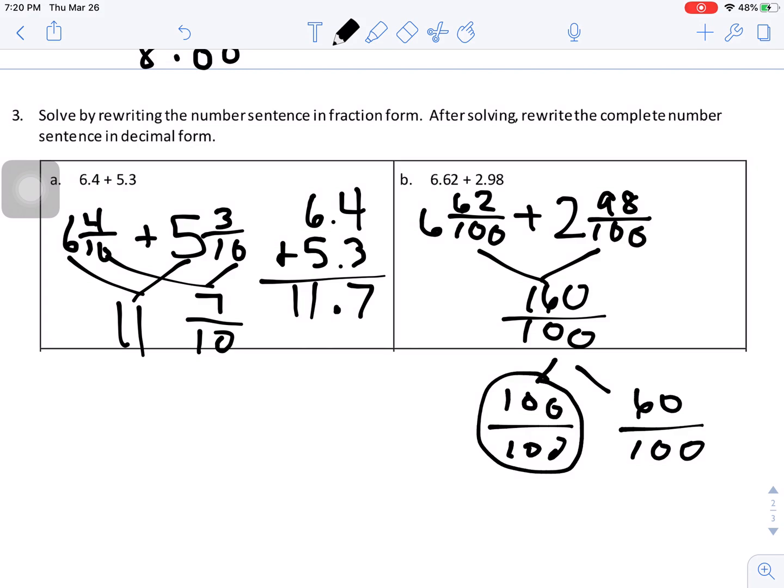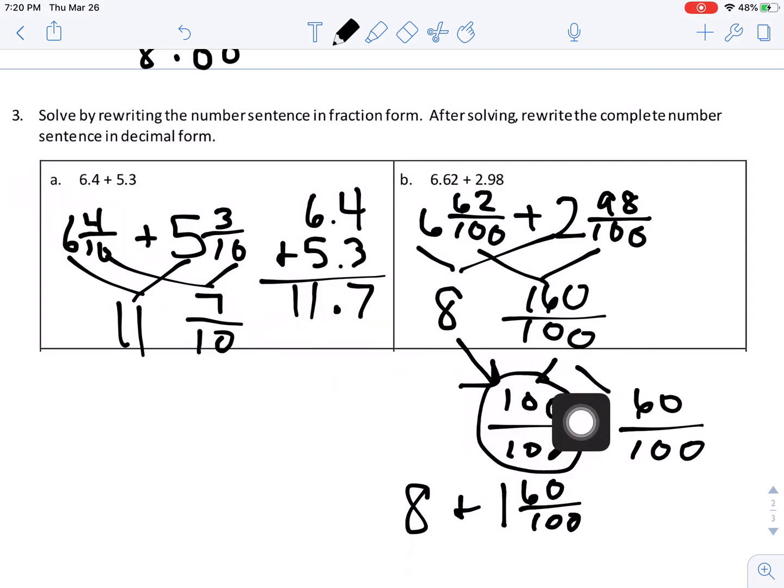So now I'm going to add my whole numbers, which would be 6 plus 2. 6 plus 2 is 8, but then I have to also add this one whole. So I have to go 8 plus 1 and 60 hundredths, since this was 1 and this is 60 hundredths, which would be 9 and 60 hundredths.